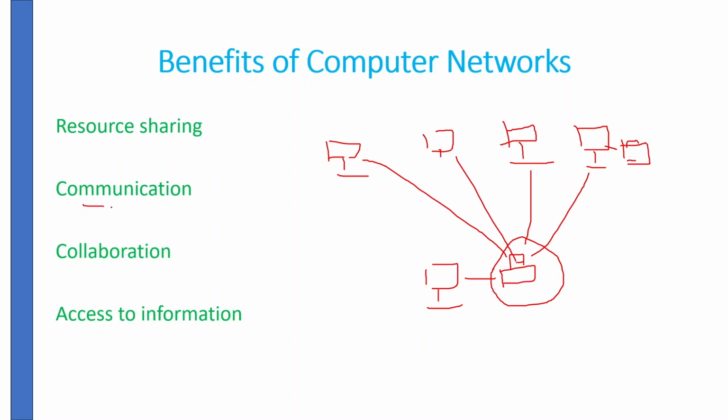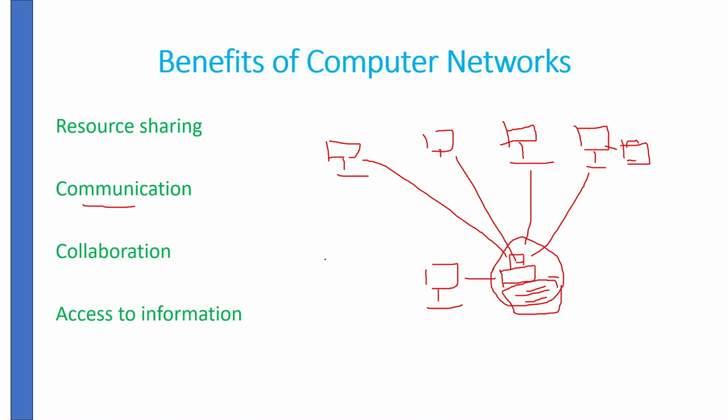Then after that, communication. That means we can communicate with other people, right? We can send our information, we can share our message, this kind of thing we can do. Collaboration means all of these people can edit one document, right? So they can perform one task by joining from different locations and different time zones.